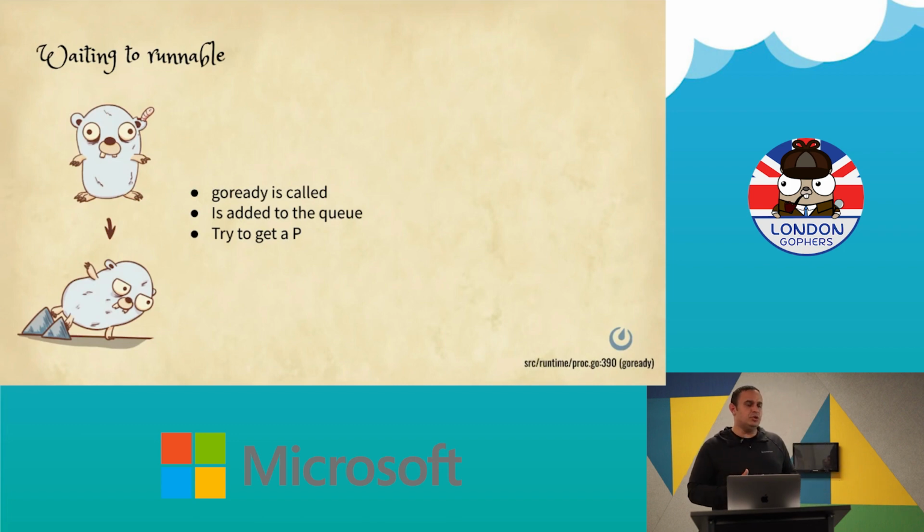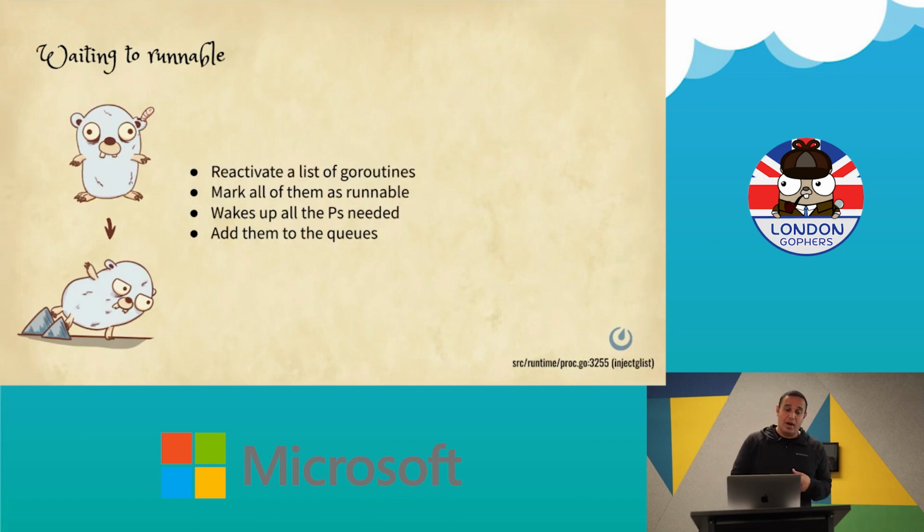Normally, this is used inside channels, inside semaphores, and things like that to re-enable Goroutines that were waiting for something, for some data to come in the channel or something like that. When you call GoReady, it changes the status to runnable, adds it to the processor queue, and tries to get the P, the processor, running again.